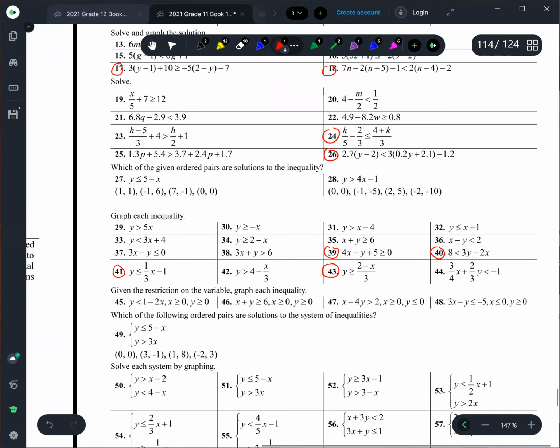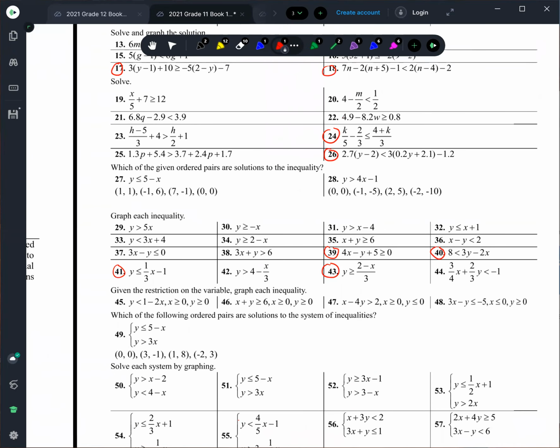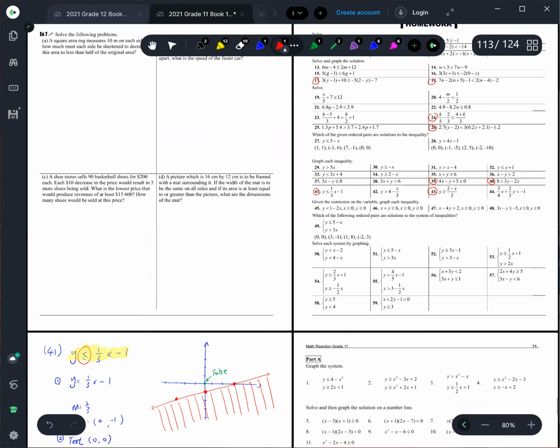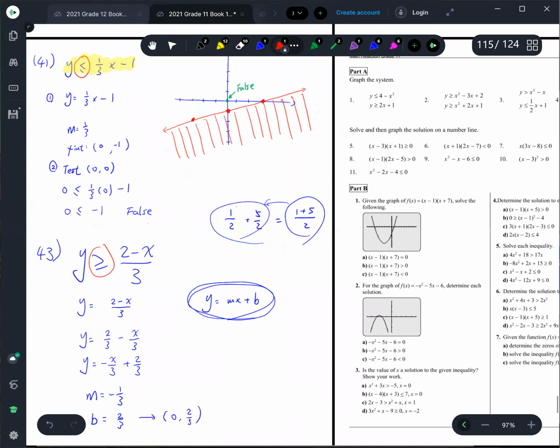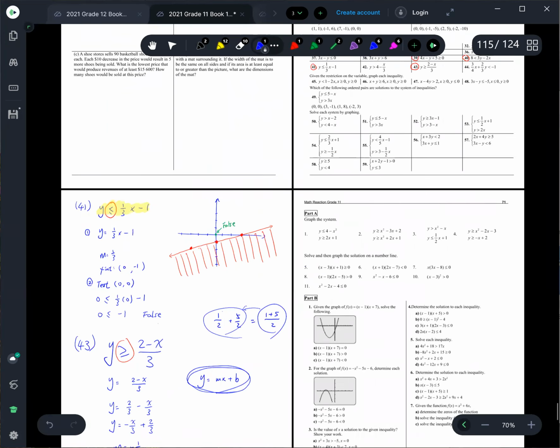So check your work, make sure it's a dashed line. 39, 41, 43, they are all solid lines. Tony, does that answer your question? Yeah, you can do it now? Yeah.